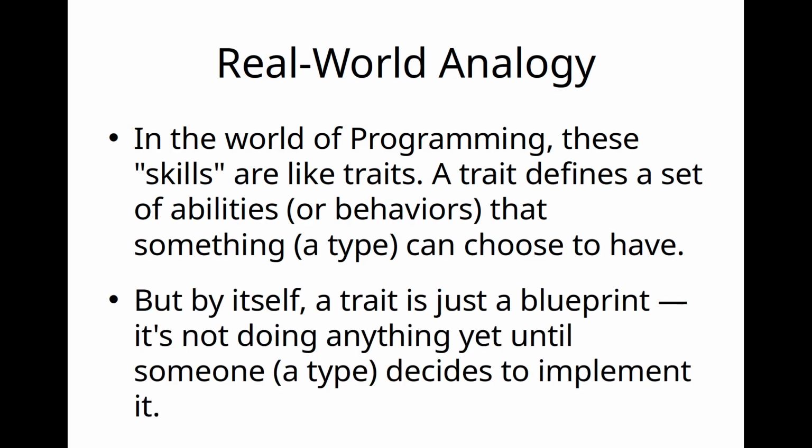And note that the trait itself is just a blueprint. It is not doing anything yet until someone, which is a type, decides to implement it. Until we implement it to model the exact behavior, it is nothing, just sitting there.